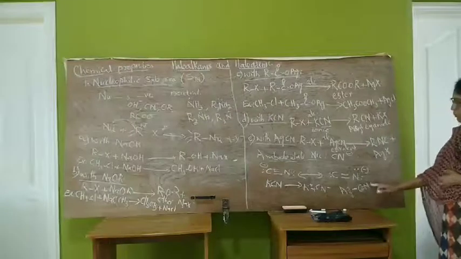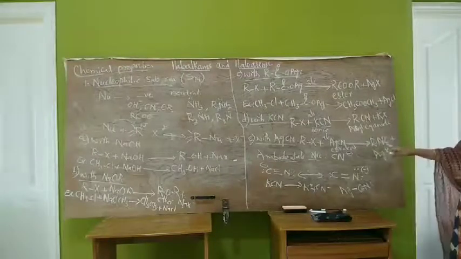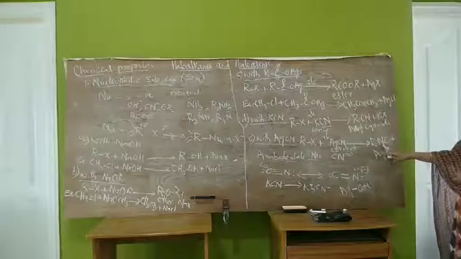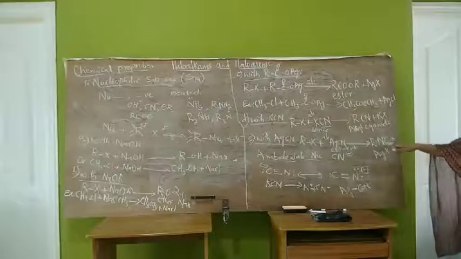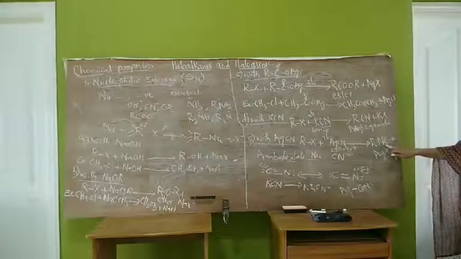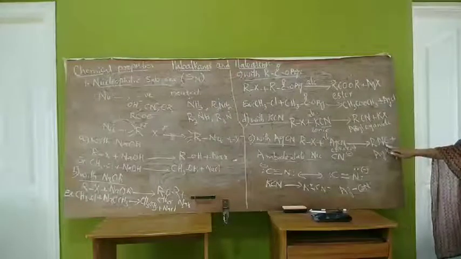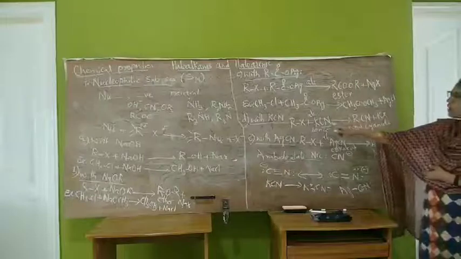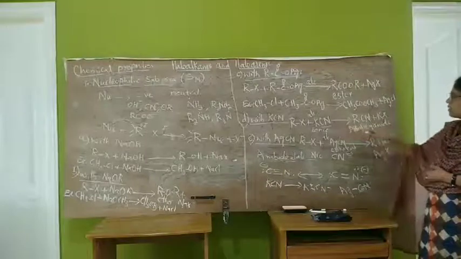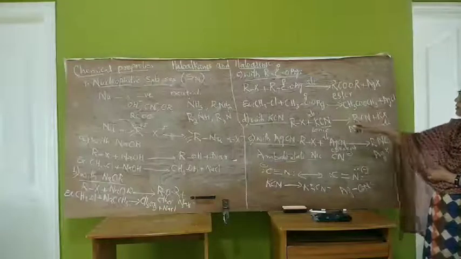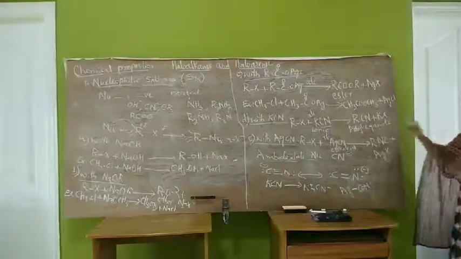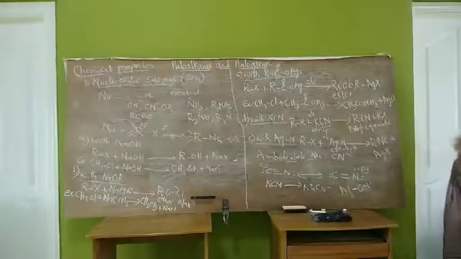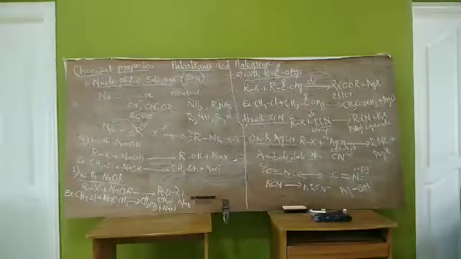The cyanide will be bonded to the alkyl group through nitrogen in this case. Therefore, alkyl isocyanide is formed as the major product in case of silver cyanide, whereas in case of potassium cyanide, alkyl cyanide is formed as the major product.